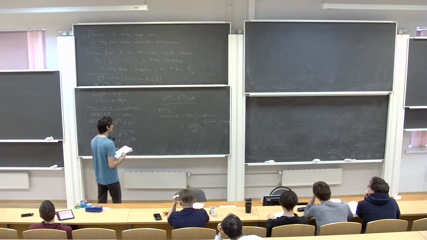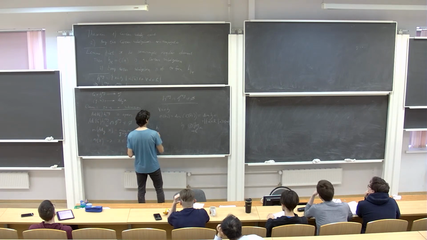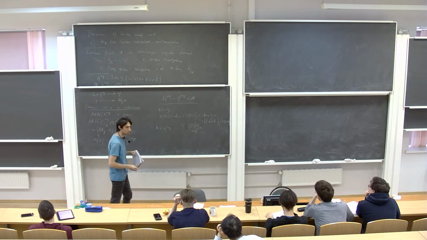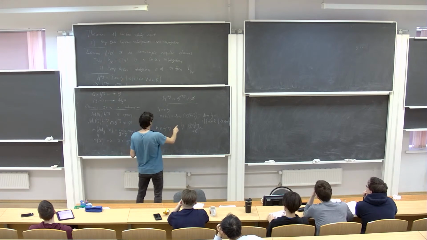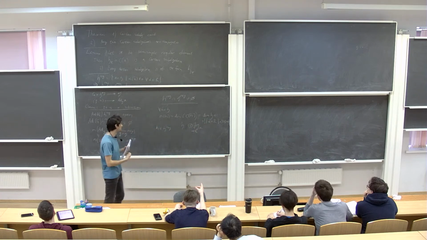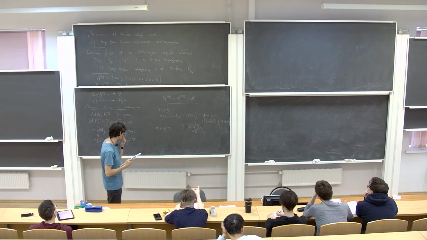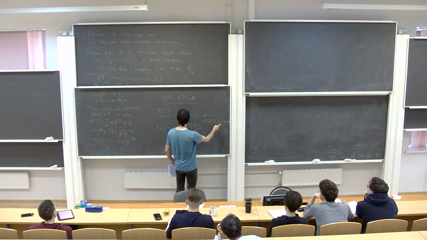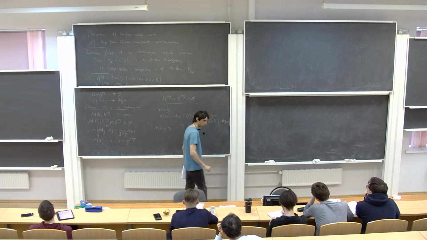So let me now use that. So in particular, the cardinality of the set of alpha in the root system such that alpha of H equals 0. Yes, like that. Thank you. Okay.